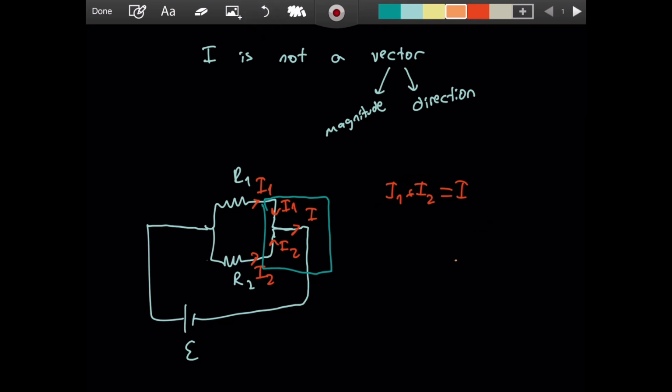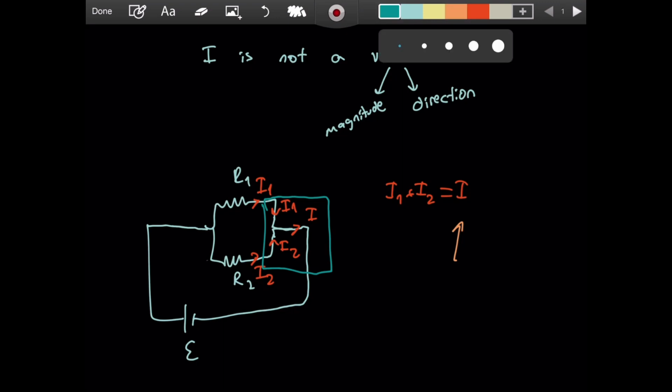And you can intuitively know this is right, because if you think of the current, it is basically a displacement of charges. If you have an amount of charge displacing through here and another amount of charge displacing through here, they will flow through this wire, so the total displaced charge will be the sum of the two displaced charges, right?